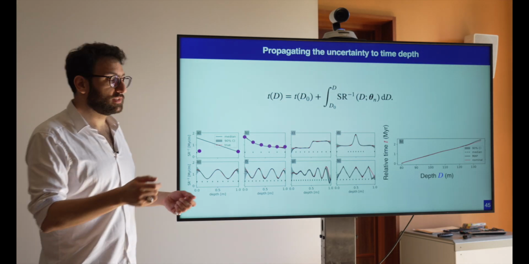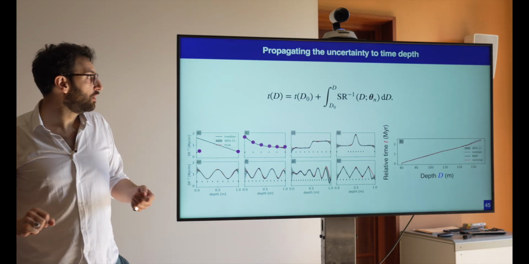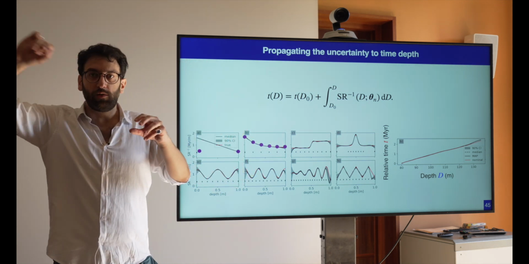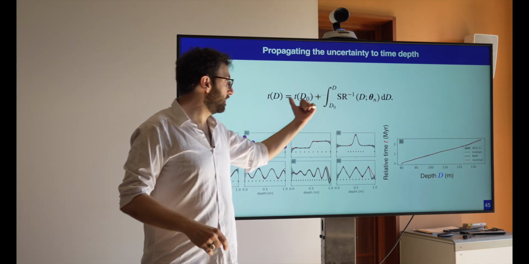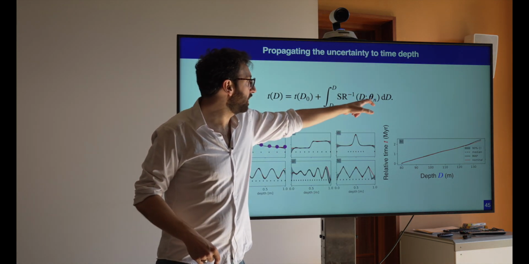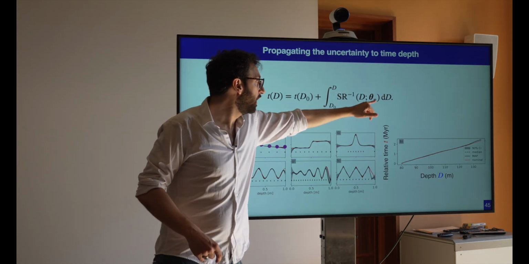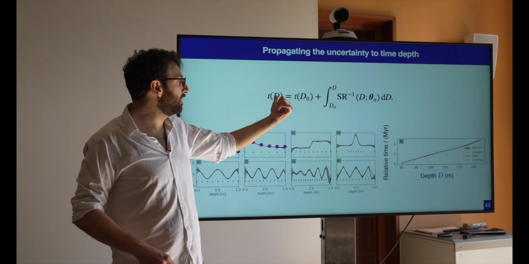You have a chain of theta n's. For each value in the chain of your parameter theta, you can do this integration. Once this is fixed, this is a deterministic function. So you can have an estimate of the time at a given depth.